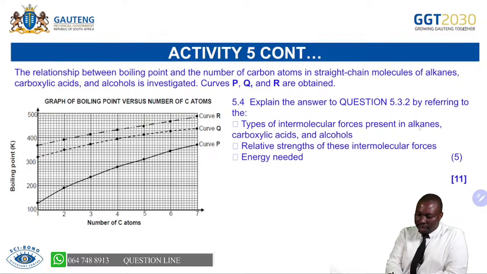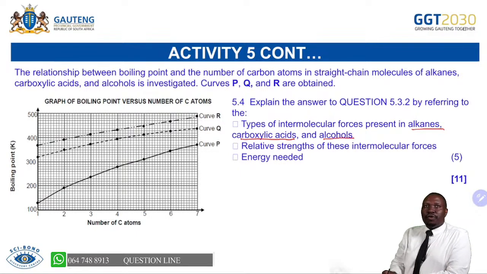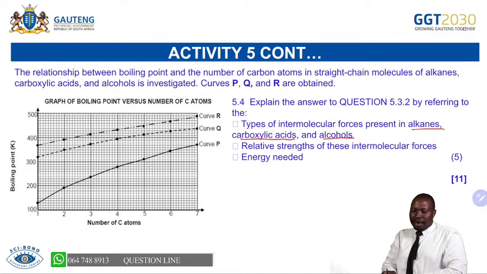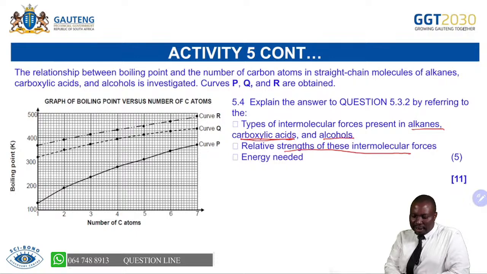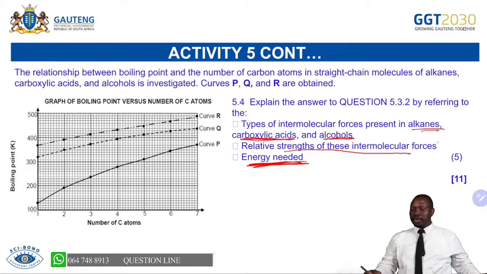So you're going to say alkanes have London forces, alcohol has one side of hydrogen bond, carboxylic acid has two sides of hydrogen bond. The strength of intermolecular force in carboxylic acid is stronger than in alcohols and alkanes, and more energy will be required to overcome intermolecular forces in carboxylic acid than in alcohol and alkane. So that's how you will get your 11 marks.